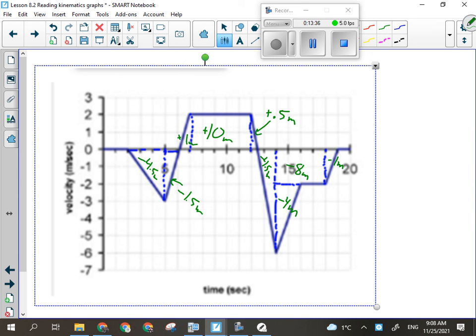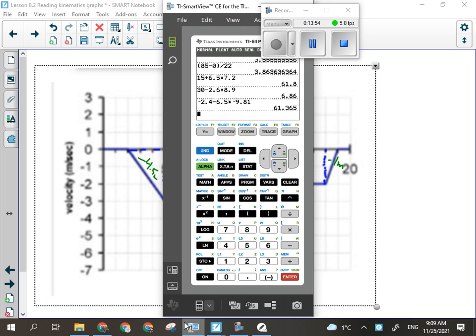Now what do I have to do with those numbers? Add them together. Put them all together, keeping the negatives and positives in mind because they want displacement, which is a vector quantity. All right, I'm just going to talk rather than try and keep track of it in my head.